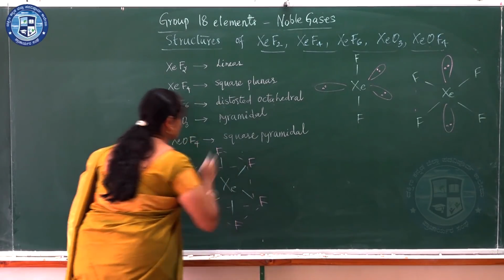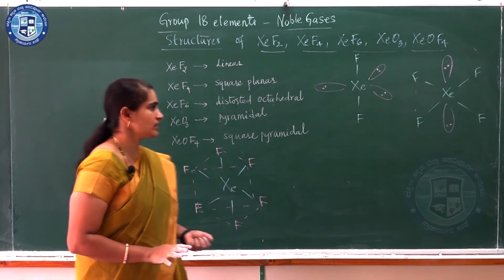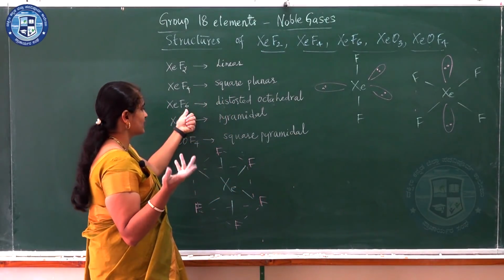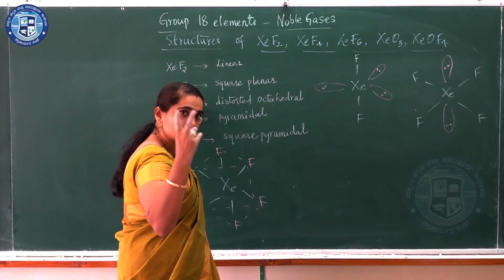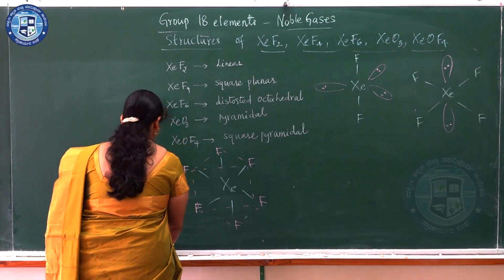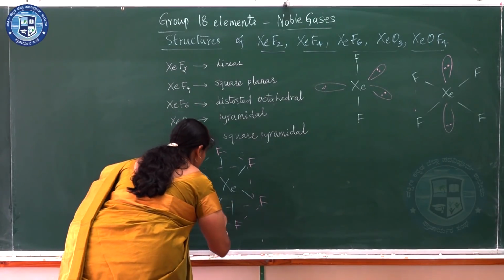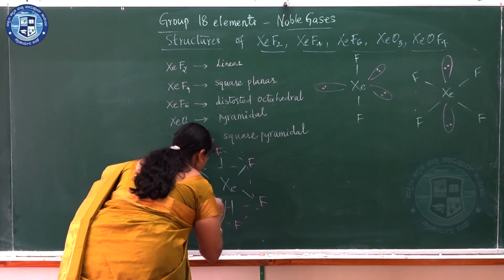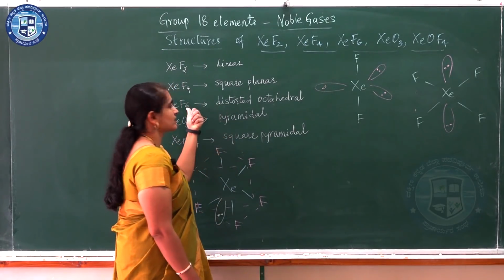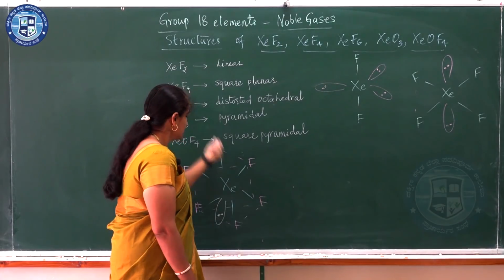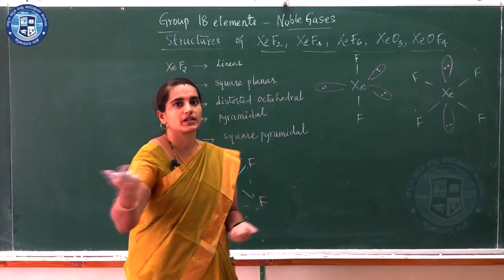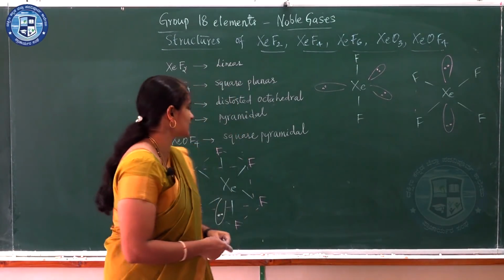Now in this case, look, of 8 electrons, 6 have been used to bond with 6 different fluorine atoms. I am left with 2 electrons or one lone pair. So that I will write somewhere here. Due to the presence of this lone pair of electrons, octahedral should have come. With 6 bonds it is octahedral, you know. Due to the presence of this lone pair of electrons, a slightly distorted octahedral shape comes.